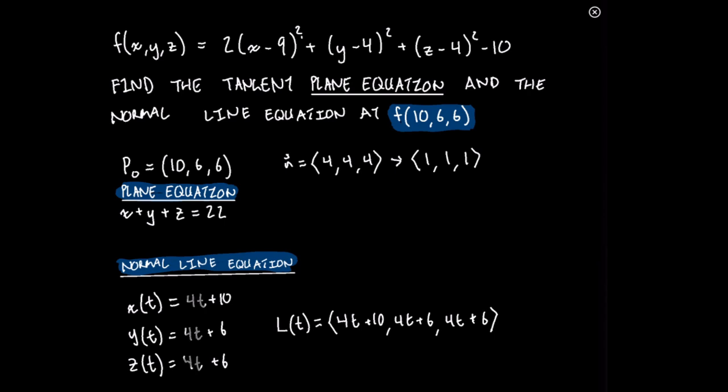And you end up with a much simpler system of equations. The vector equation here is also simpler. You just have t plus 10, t plus 6, t plus 6.